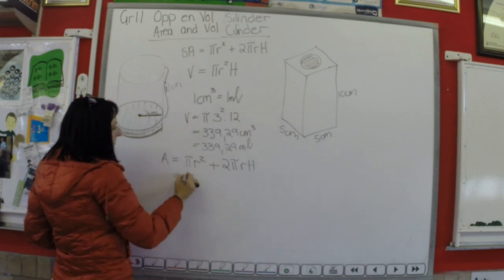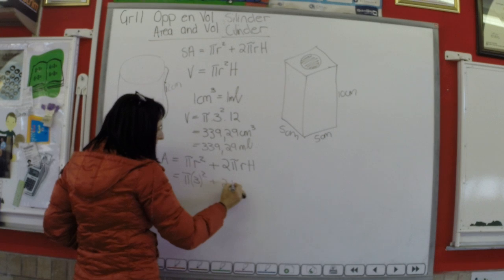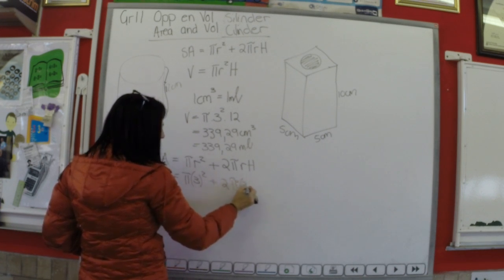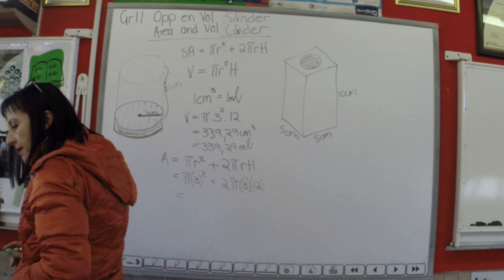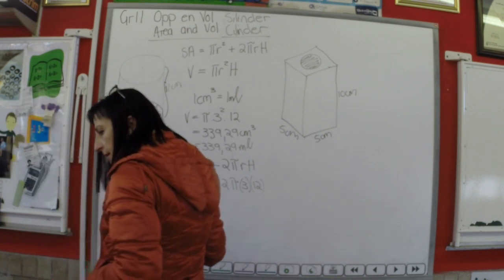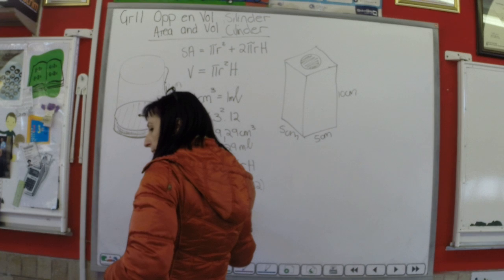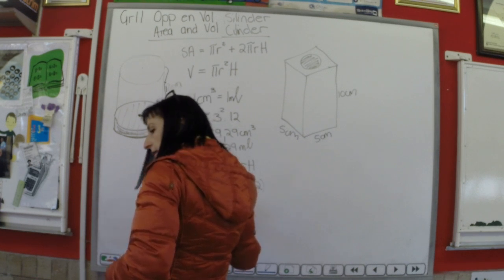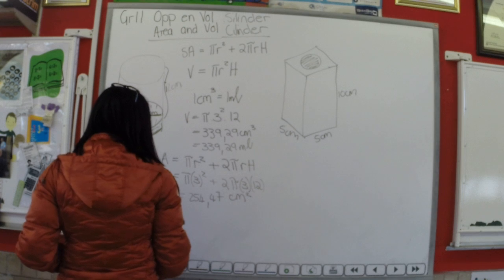So ek het pi maal met 3 kwadraat plus 2 pi, 3 maal met 12. So if I work that surface area out, it's going to be 254,47 centimeter kwadraat, want is buite oppervlakte.